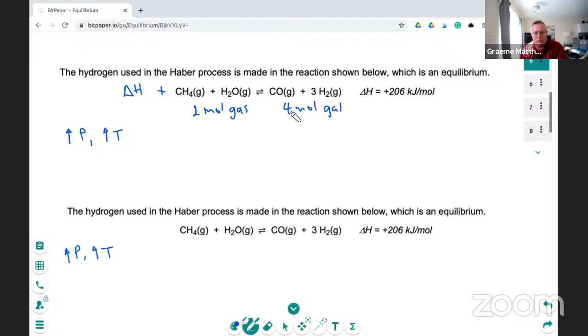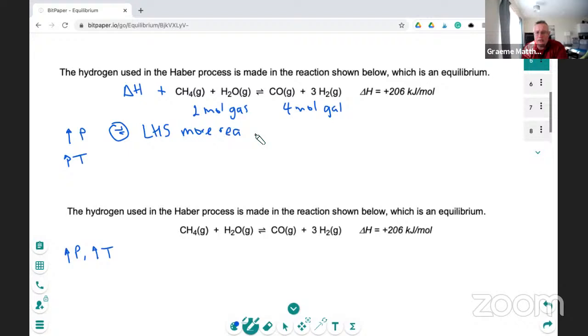So if I increase the pressure, I'm going to move my equilibrium position, quality language, equilibrium position, over to the left-hand side, LHS, and form more reactants.